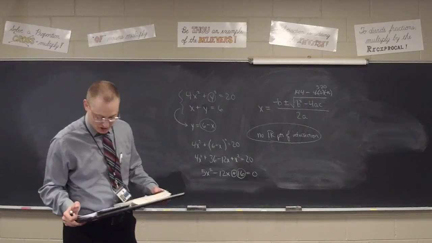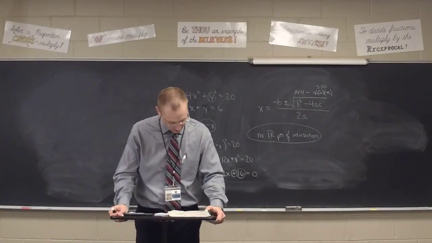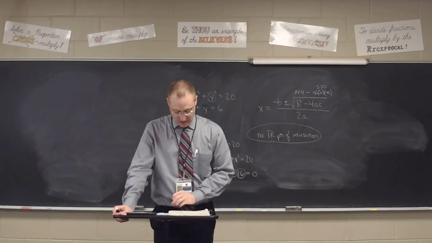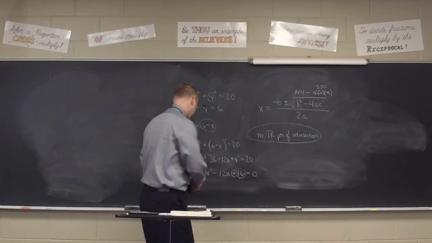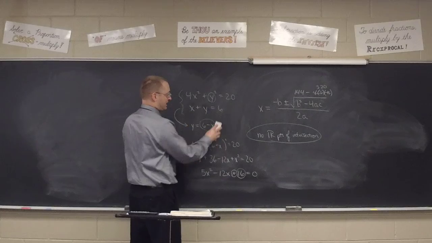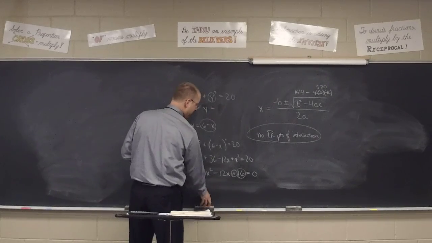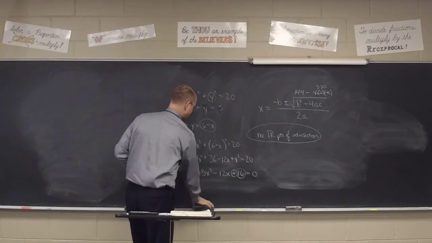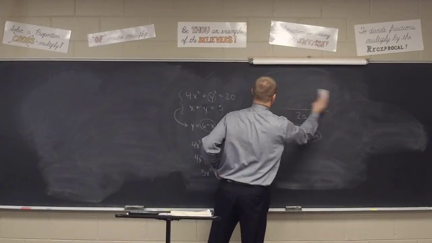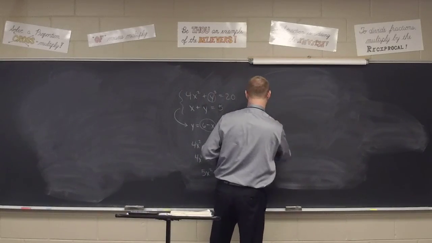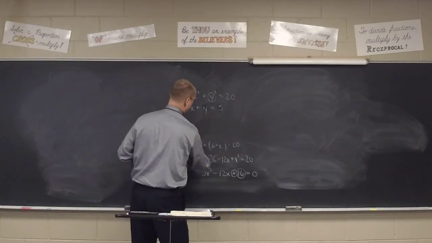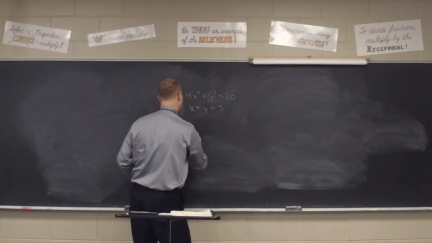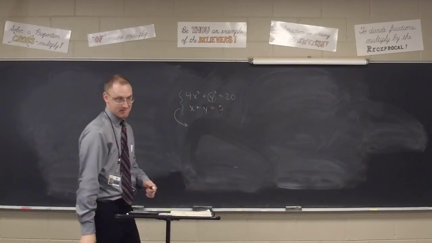All right, let's go back now and take a look at number 11. We changed one number. Instead of a 6, it's a 5. Let's see if that one number change allows us to get points of intersection or if we're right back in the same boat.